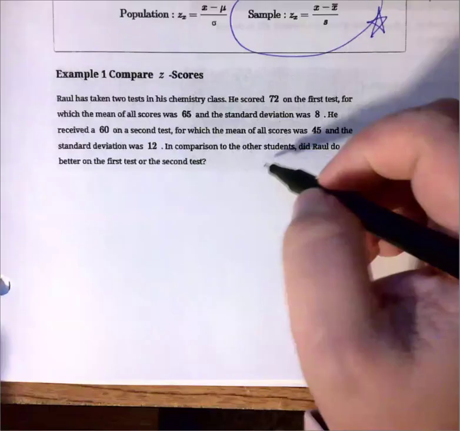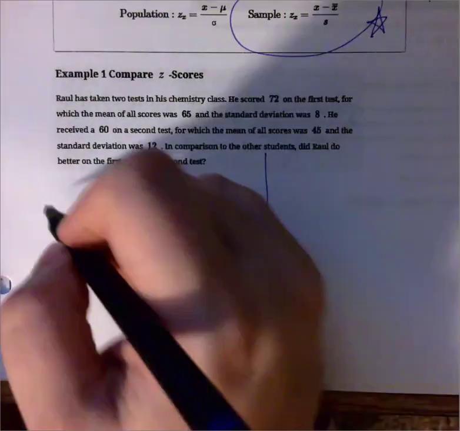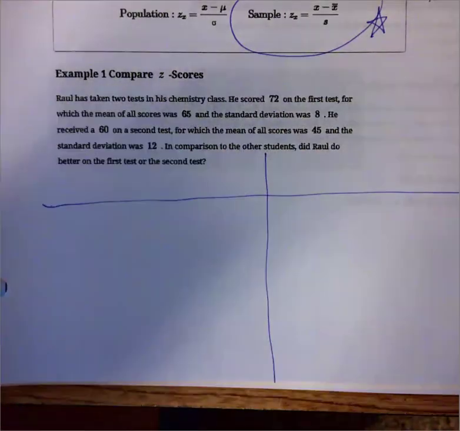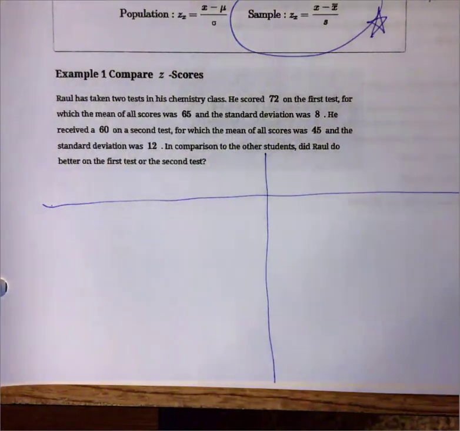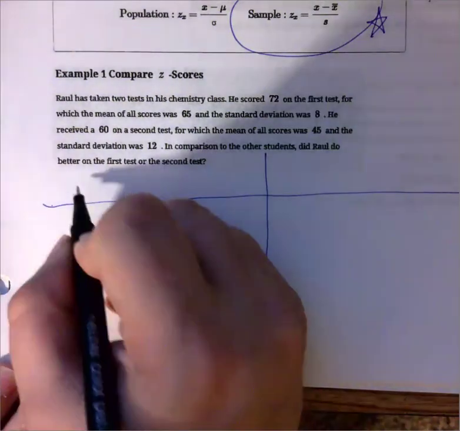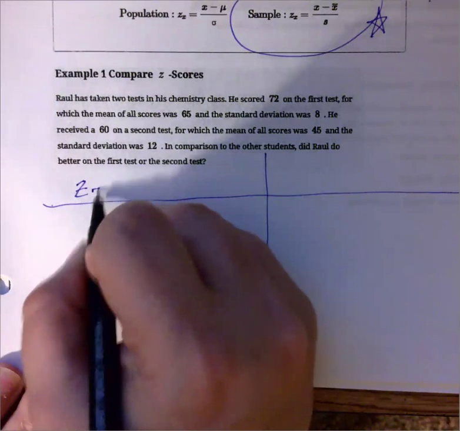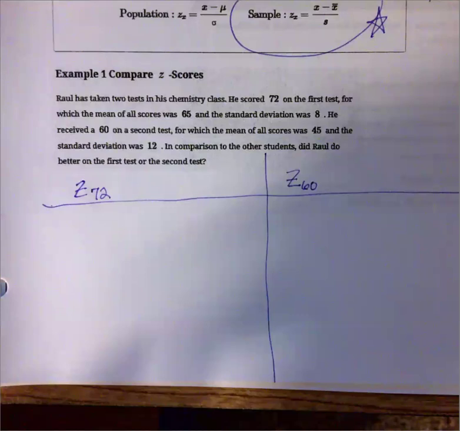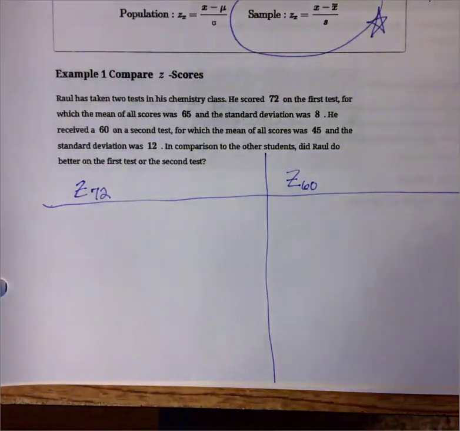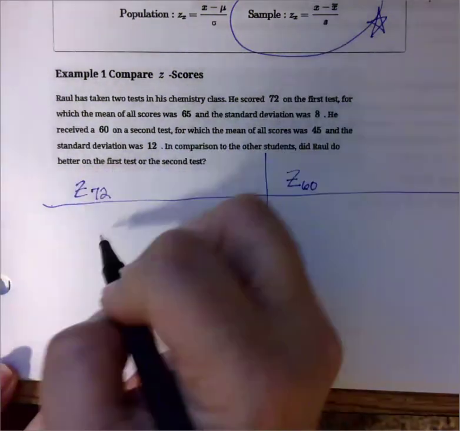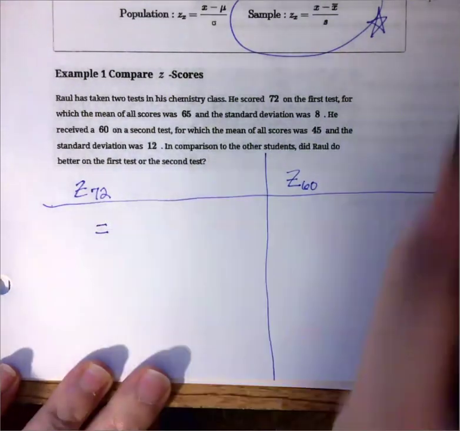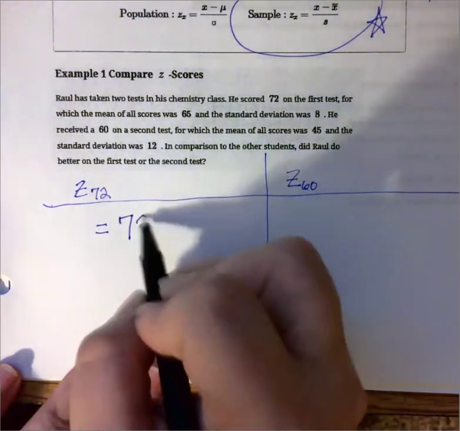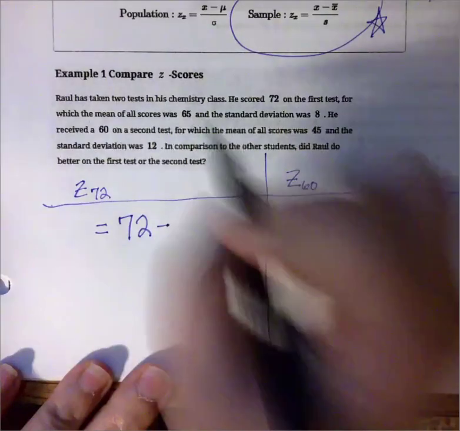But we want to look at the z-scores for each. And so if you'll go ahead and on your paper, divide it into 2, we're going to find the z-score for the 72 and the z-score for the 60. And we're going to see how many standard deviations above the mean or below the mean each score was. All right, so this is equal to the x value, in this case, 72, minus the mean.